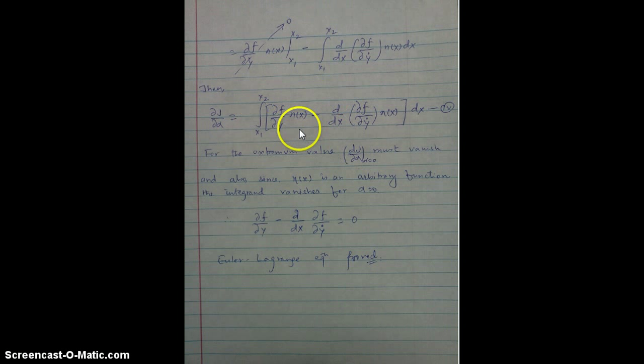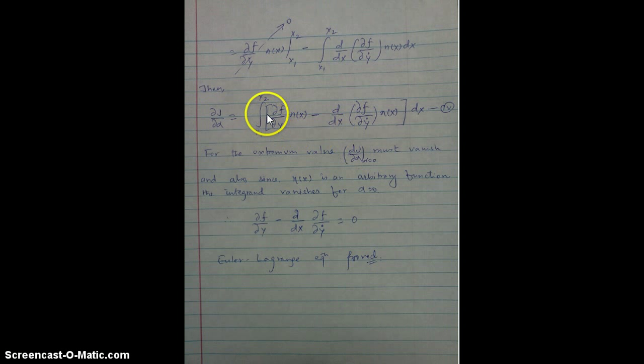For the extremum value, if I take this eta of x common, only the partial derivative of f with respect to y minus d by dx of the partial derivative of f with respect to y dot would remain inside, and for such an extremum value dJ by d alpha would be 0, since it's either a minimum or maximum in which the first derivative would be 0.